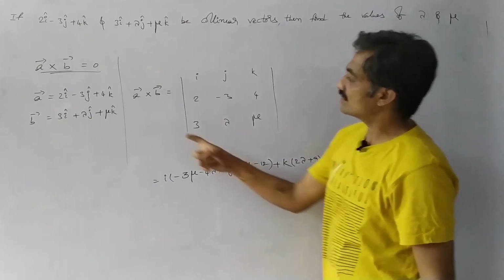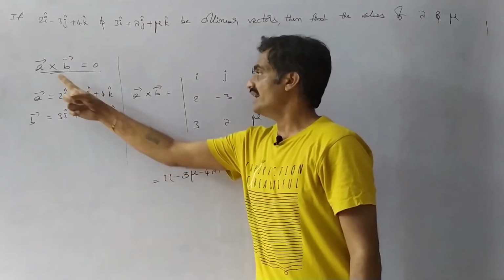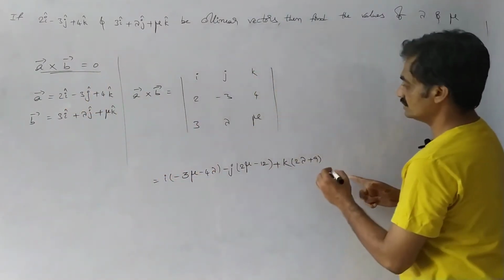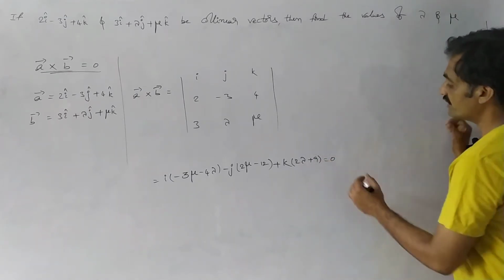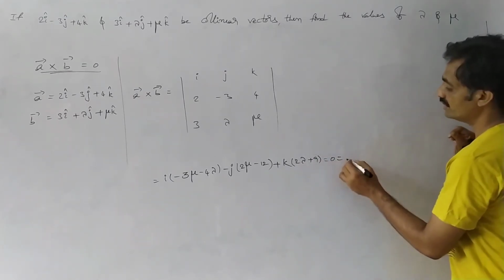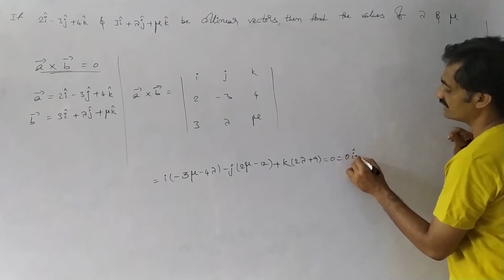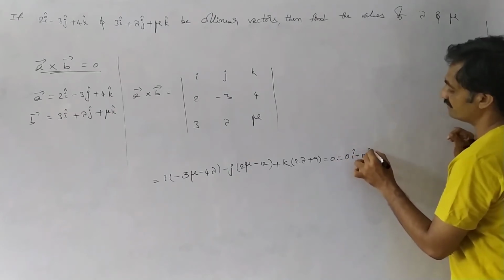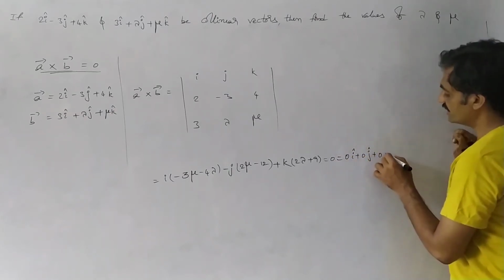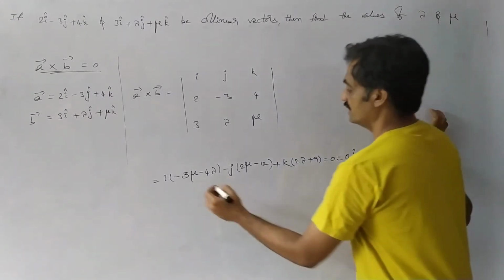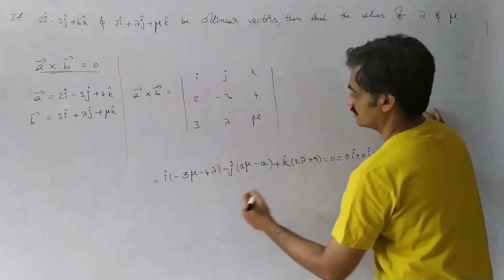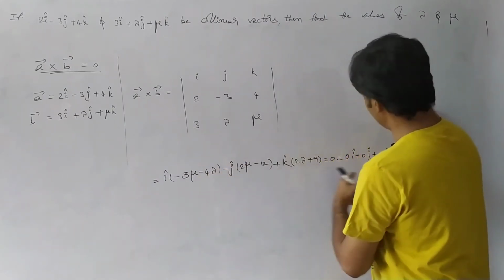Here observe that the cross product of a and b is equal to 0, so this resultant is equal to 0. We can split this 0 into components as 0 into i cap, 0 into j cap plus 0 into k cap. As we equate the unit vectors on both sides, let us consider the j vector.